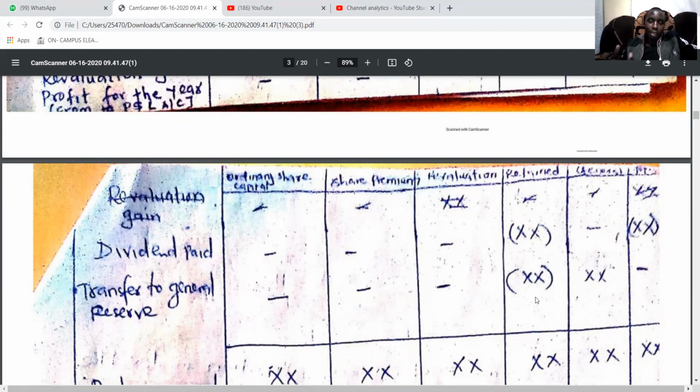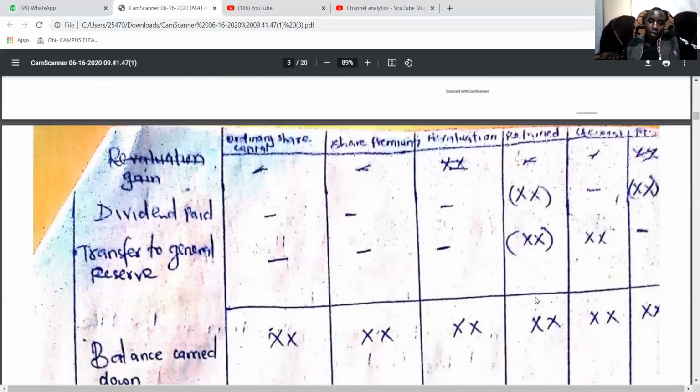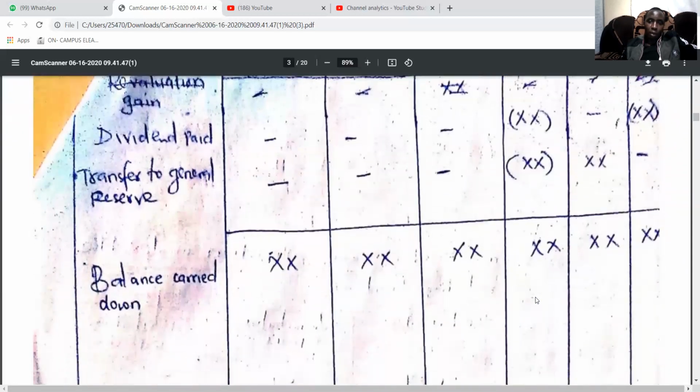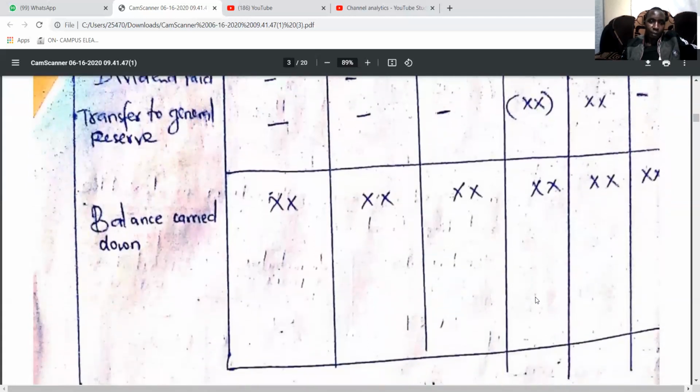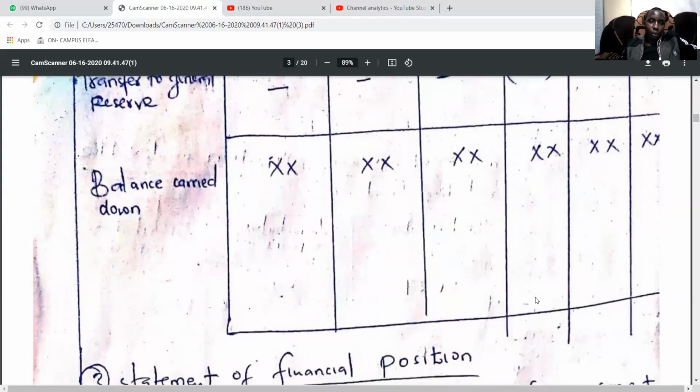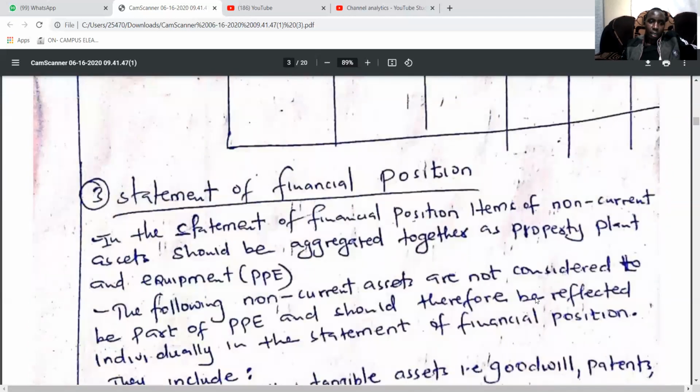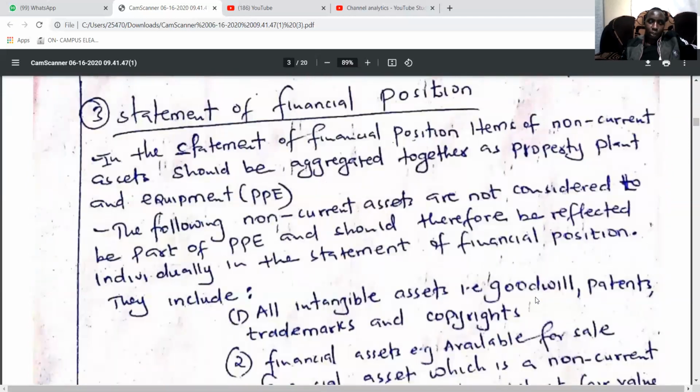So we put it aside, in case anything arises in the future, so that we can be a going concern organization and not struggle for long financially. Then you add your figures, you get the balance carried down. Then we move to the statement of financial position.